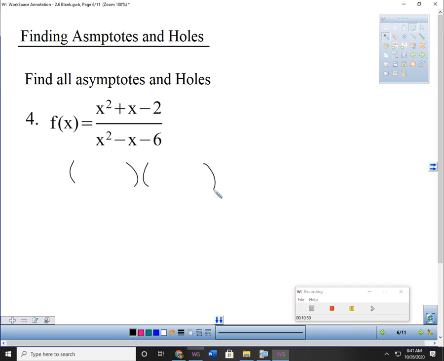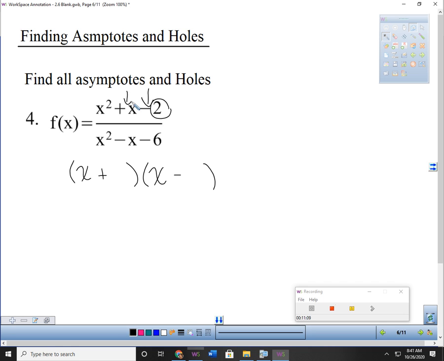I've got a minus at the back. That means I have a plus and a minus. And then to get my x squared, I know I have to have x times x. And then I'm looking for two numbers that are going to multiply to make the 2 and subtract to make 1. Well, there's only one thing that multiplies to make 2. That would be 2 and 1, right?